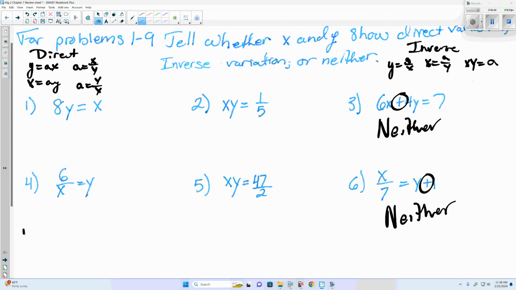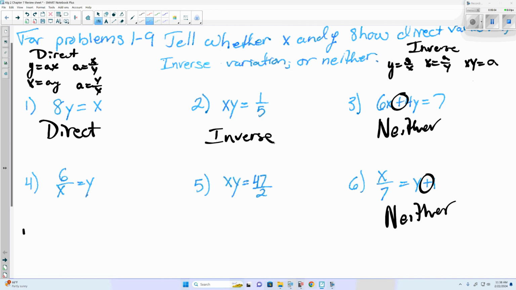Now, let's go through and say whether the rest are direct or inverse. Number 1 would be direct. Number 2, inverse, because we're just matching it up to the general types for each one.